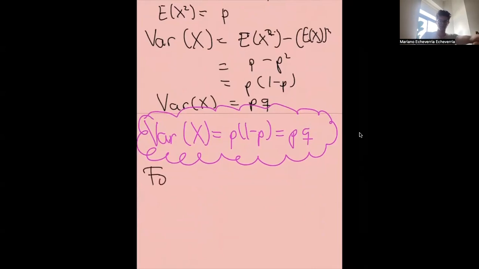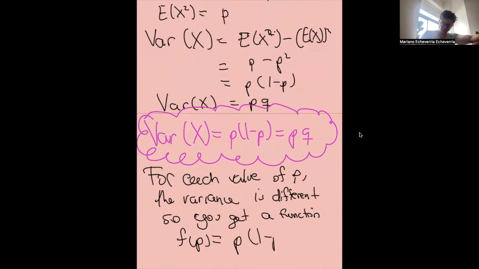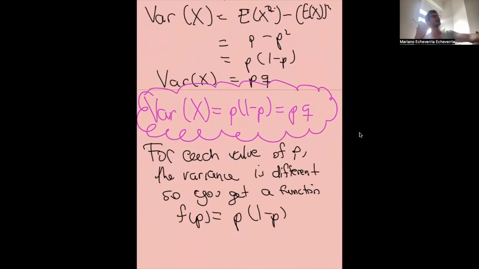So for each value of p, the variance is different. So you get a function of p for this variance.